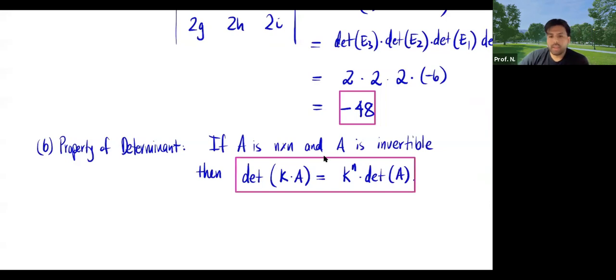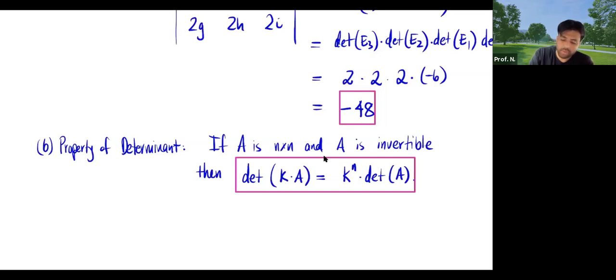So if you have an n by n matrix and it's an invertible matrix, the determinant of a scalar multiple k multiplied by the matrix A is k raised to the nth power, because it represents that you're multiplying every row of A by k n times, right? And so that's k to the n times the determinant of A, which is what we got here, 2 cubed. Do you see that?